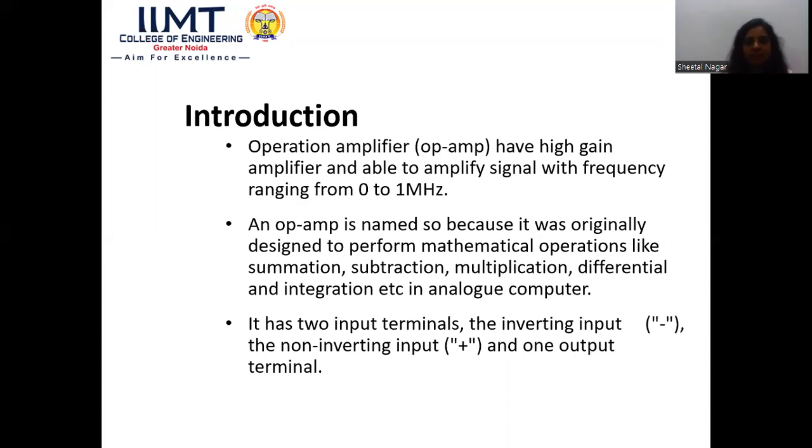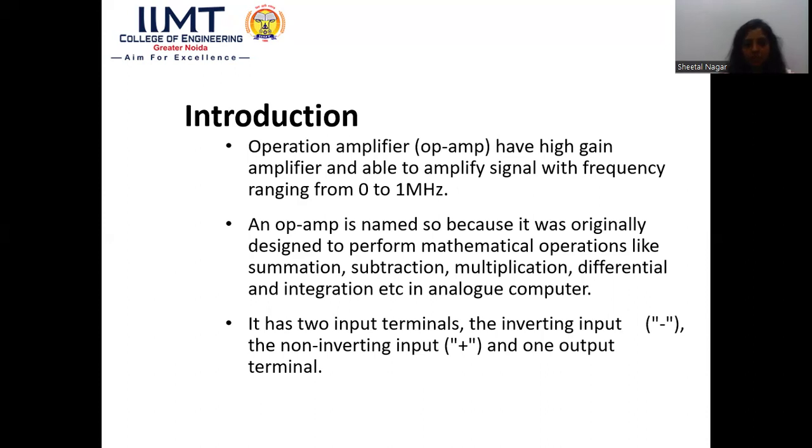It is called an operational amplifier because it was originally designed to perform mathematical operations like addition, subtraction, multiplication, differentiation, and integration, etc. in analog computers.